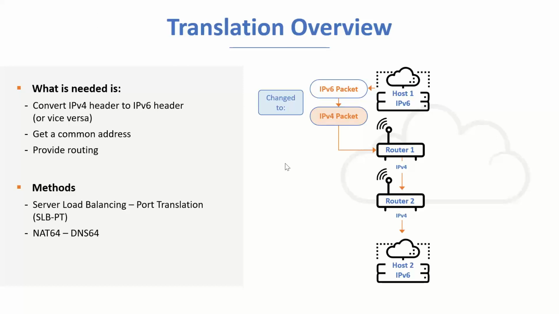Essentially, what we've got to do is convert the header, but you also need some kind of address. I mean, we only have a V4 address or a V6 address. Where are we going to find this other address? So we've got to get ourselves an address, get some routing. And what kind of methods are we going to use? Well, here's one, SIIT. This is a translation methodology.